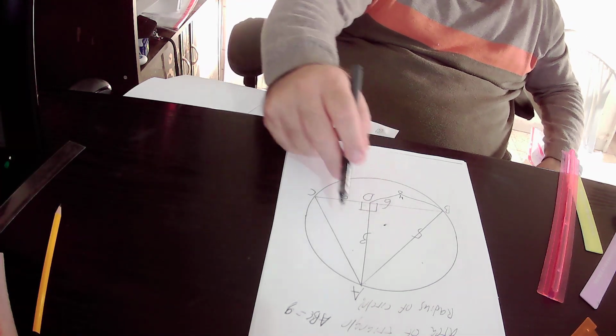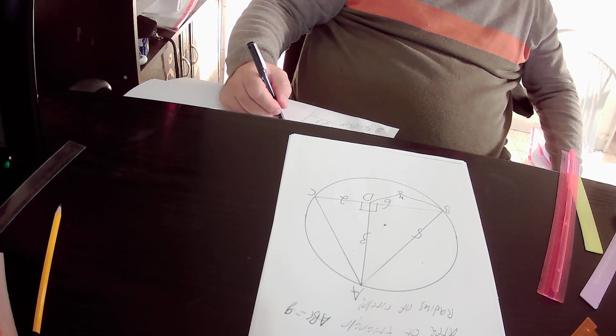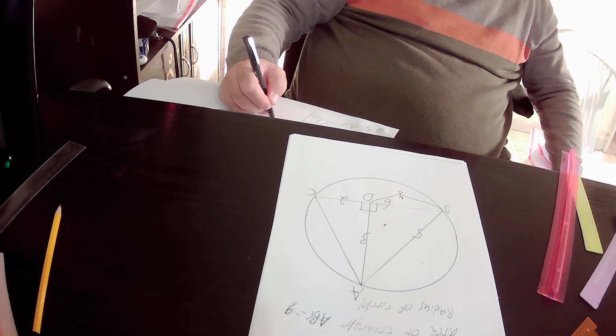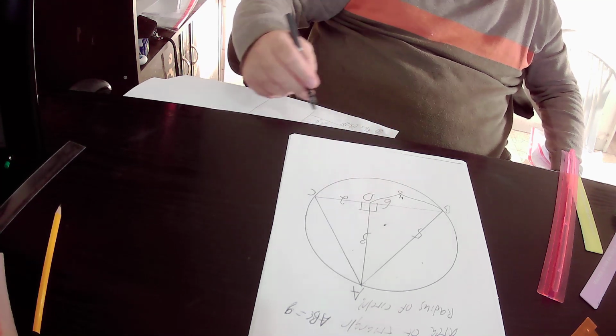The hypotenuse is AC, so the square of the hypotenuse is AC squared. And it must be equal to the sum of the squares of the perpendiculars, that is to say, it must be equal to AD squared plus DC squared.